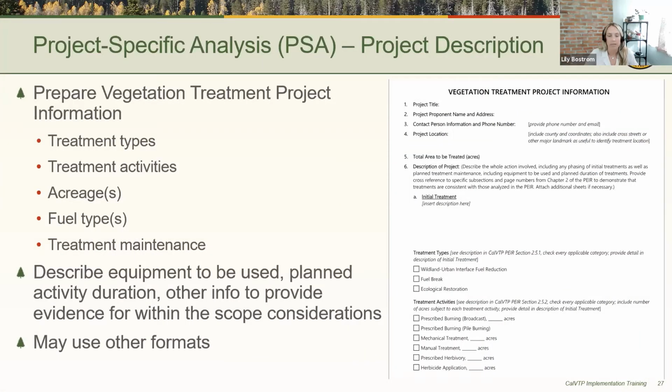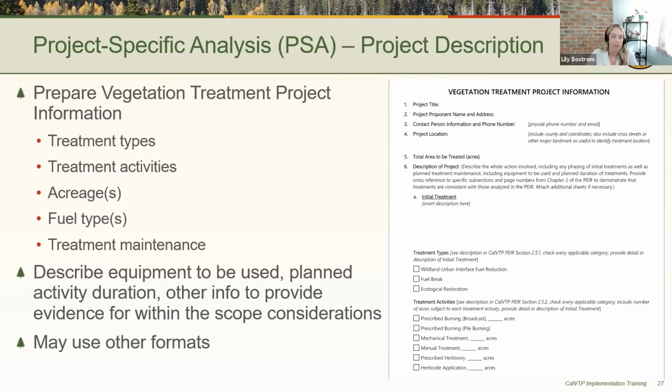So one of the first steps in preparing your project-specific analysis is developing your vegetation treatment project information. And this is essentially your project description. So the type of information that's important to include are the CalVTP treatment types and activities that are proposed, the acreages associated with your proposed treatments, the fuel types they would be implemented within, and it's also good practice to include any ongoing or future treatment maintenance that is anticipated, as this will really extend the usefulness of your PSA well into the future.